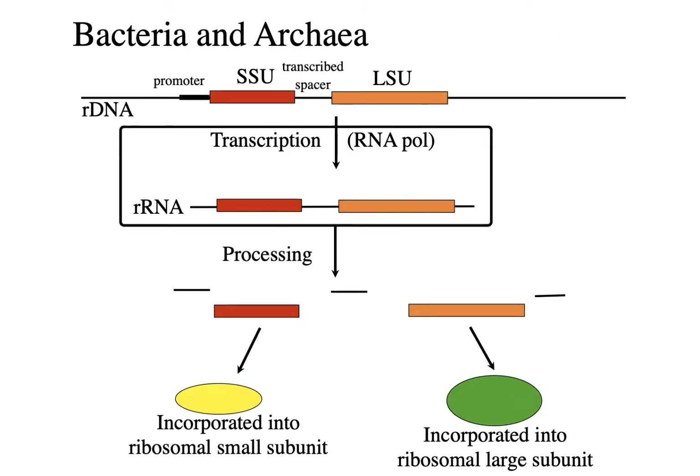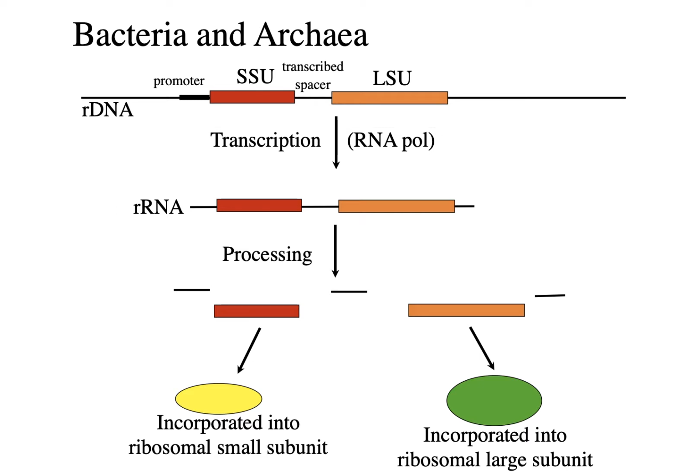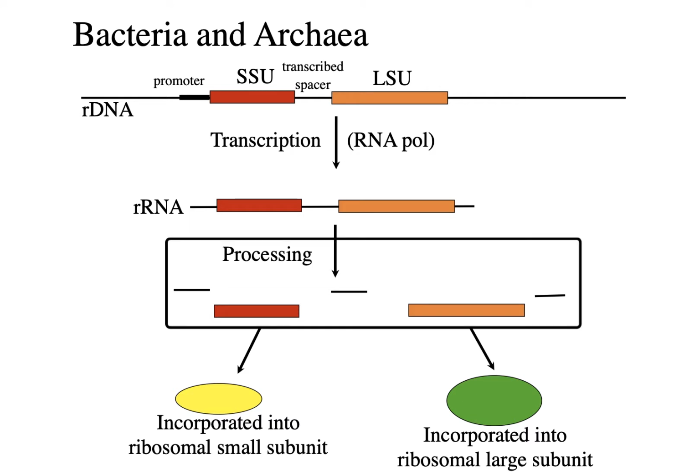Ribosomal RNAs are transcribed as a long transcript consisting of several parts, in this case the small subunit, the large subunit. In bacteria and archaea, this would be the small subunit, large subunit, and often the 5S gene as well. So there's one long transcript here, and then there's processing, and this processing is done by RNAs primarily, not by proteins.